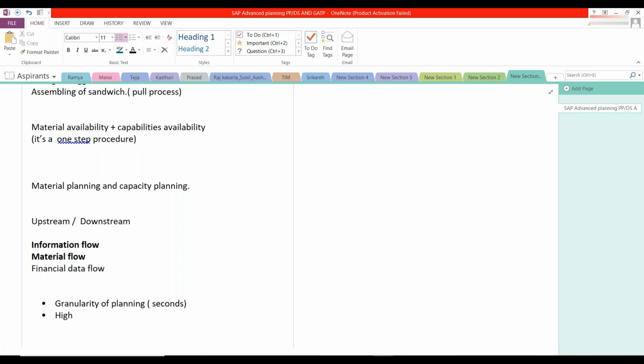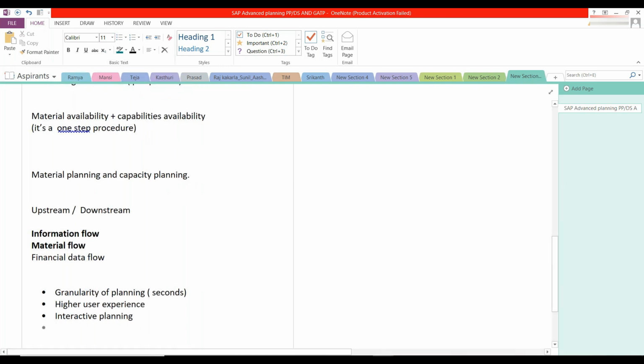So I would say a higher user experience and interactive planning possibilities. These are a few of the reasons, or the higher weightage, that makes a client go ahead with advanced planning.